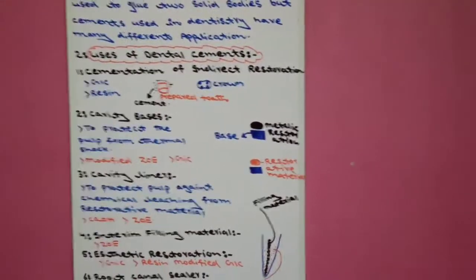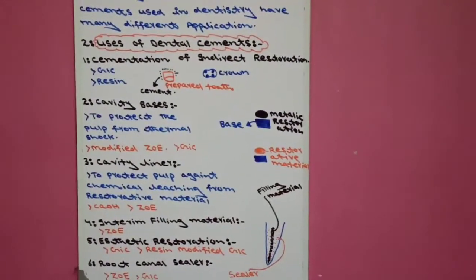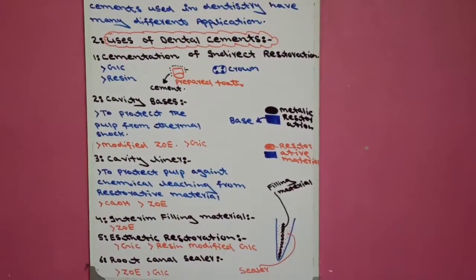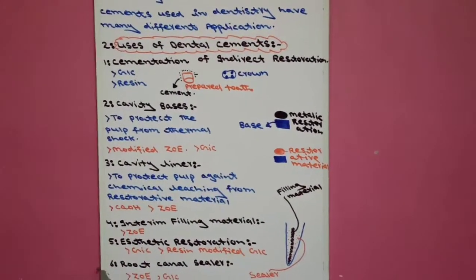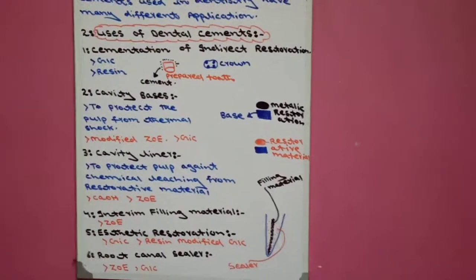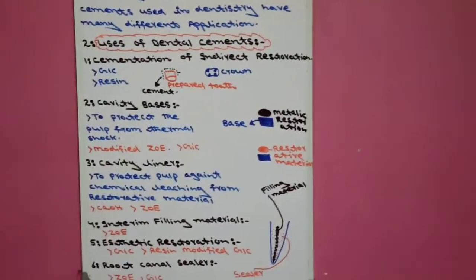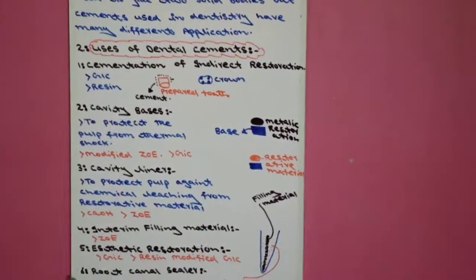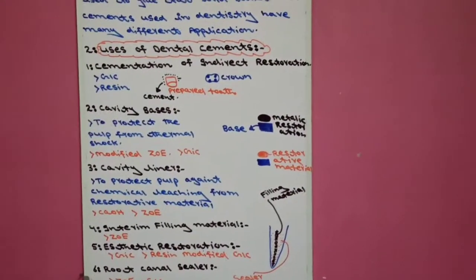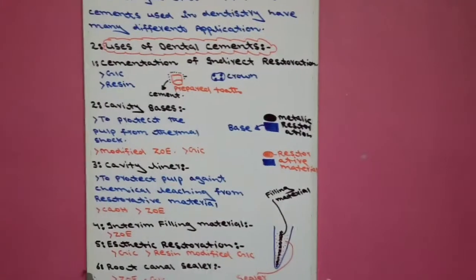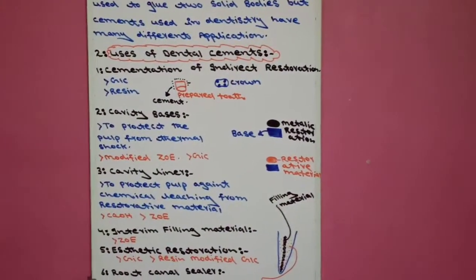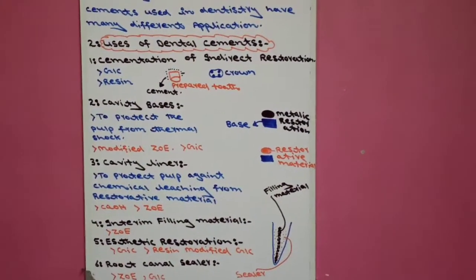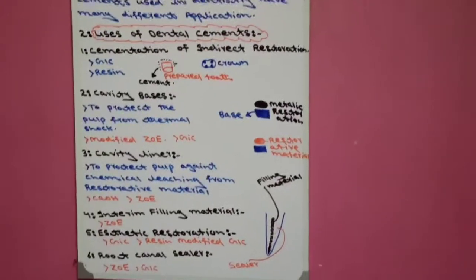When we prepare the cavity and restore the patient's tooth with a metallic restoration, like a gold crown or a metal alloy crown, the main property of the metal is that it conducts heat.